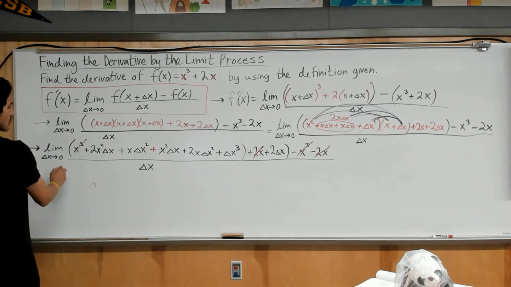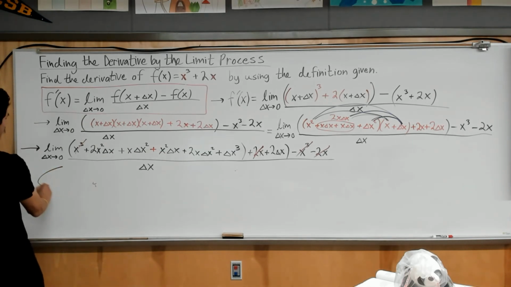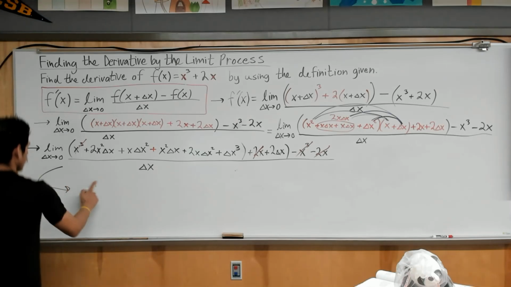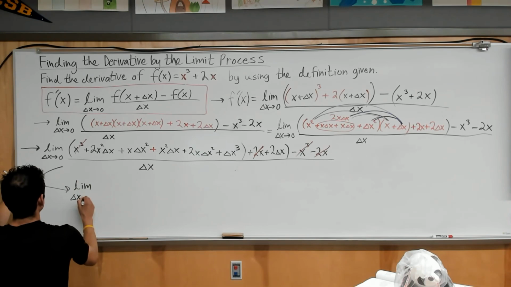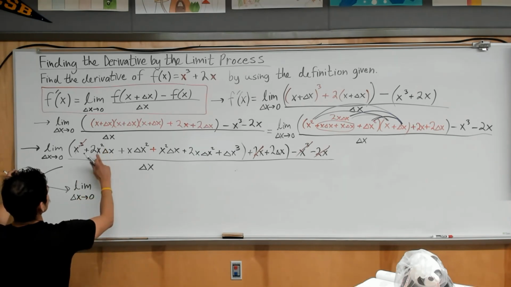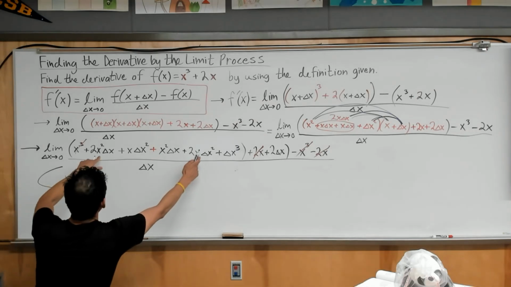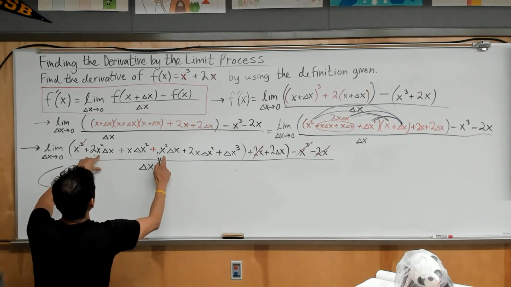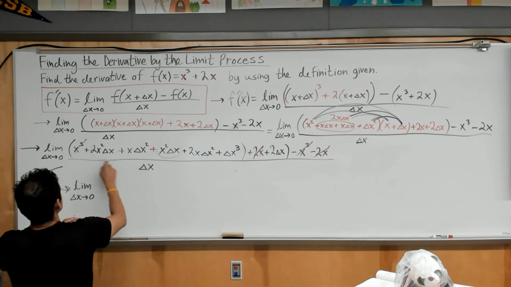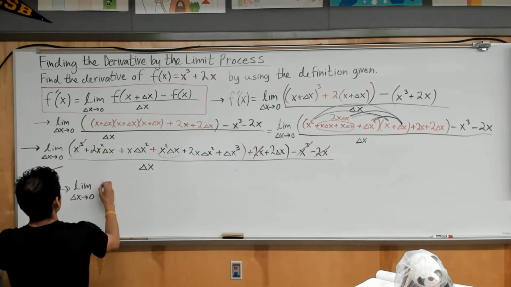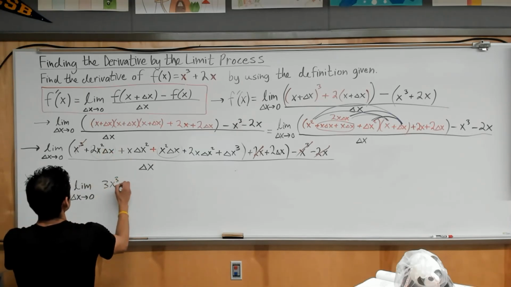So let's go next step right here. This and this and this will combine. So we'll get 3x squared delta x.